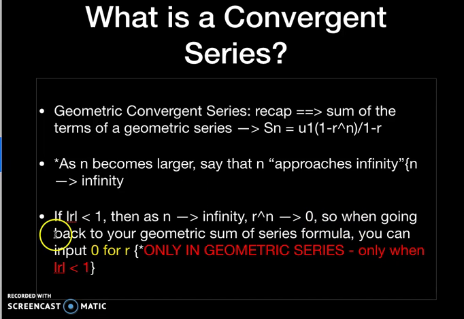So when going back to your geometric sum of series formula, you can input 0 for r. So if you go back right here, you would put 0 right here in the r position. This is only in geometric series, only when the absolute value of r is less than 1.